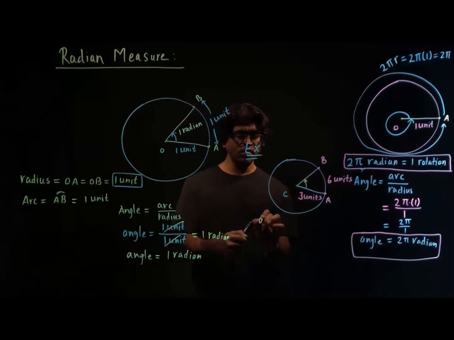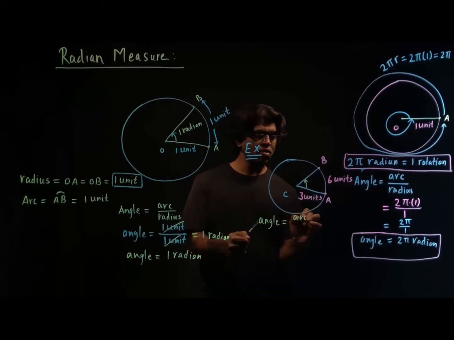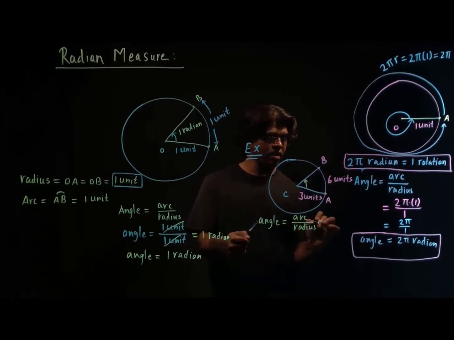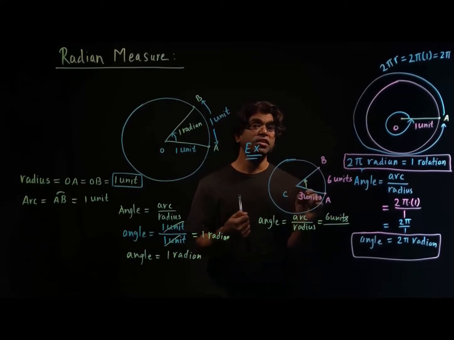We all know that angle is equal to arc over radius, and as you can see, my arc is 6 units and my circle is not a unit circle because the radius this time is 3 units.